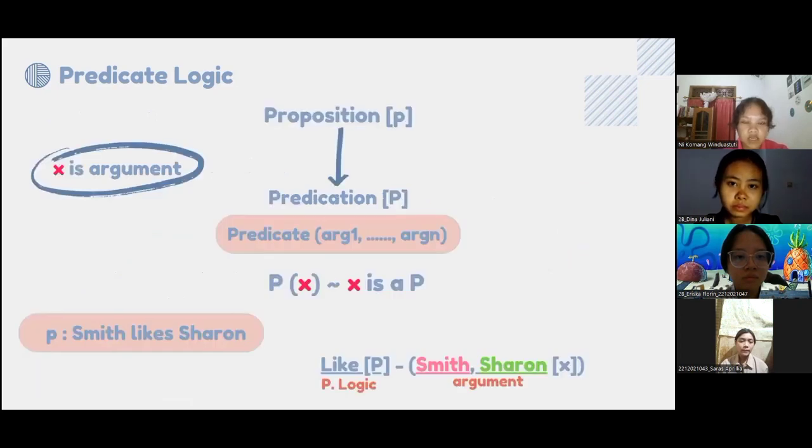The predicate is denoted by P, and the predicate has an argument. The x is denoted for the argument. For example, Smith likes Sharon. So the word like is the predicate, and Smith and Sharon are the arguments.